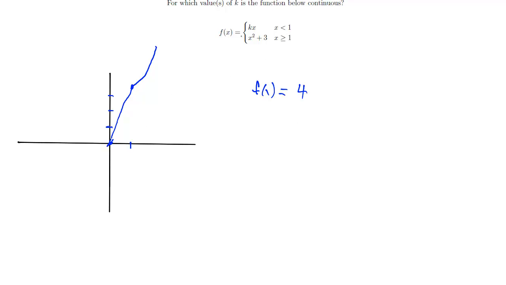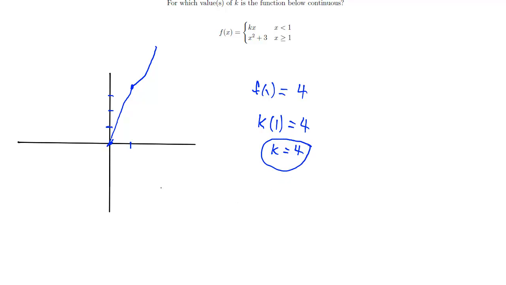We need the line, k times x, to hook up with that. So we need k times 1 equal to 4. So we better have k equal to 4. If I make k equal 4, then this line has a slope of 4, go over 1, up 4. That's right, this hooks up now. So the only value that works in this case is k equals 4.